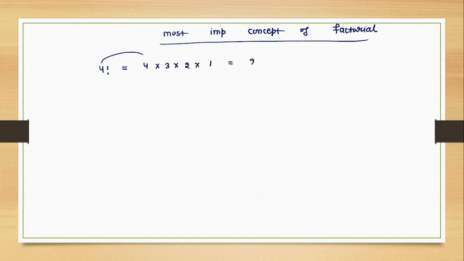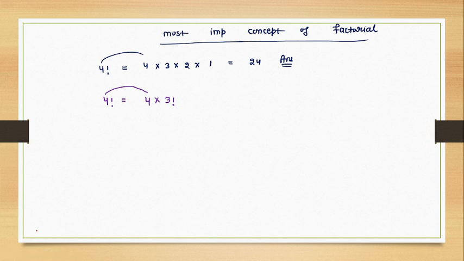It means 24. He would find 24 as his answer. But another student writes 4 factorial is equal to 4 in the beginning, then he will write 3 and he wants to leave this process here, but he would end with 3 factorial. So just tell me whether he is right or wrong.